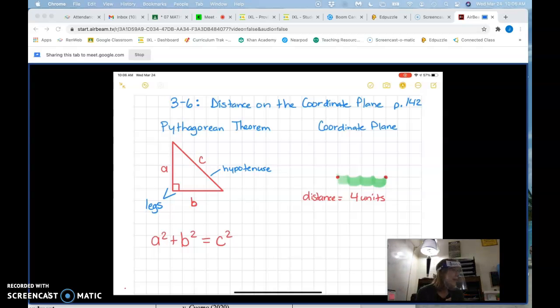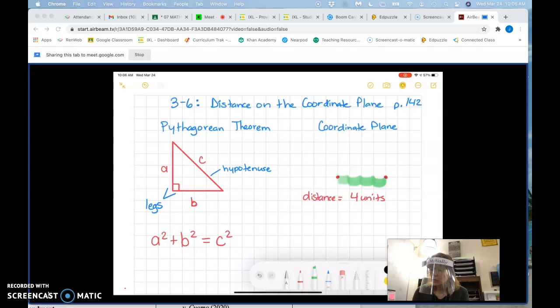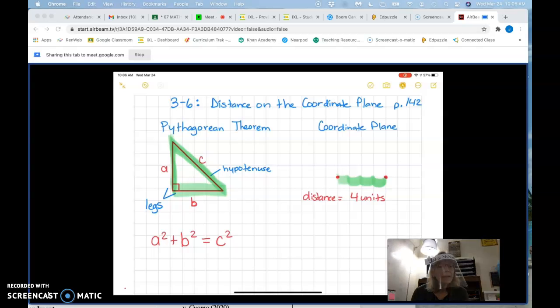But today, they're going to give us points that are not in a straight line. And so we are going to end up, this is so cool, drawing a right triangle to connect the points, and then use that information with the Pythagorean Theorem formula to find out how far those points are apart, to find the distance.